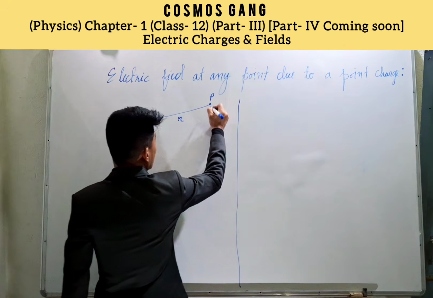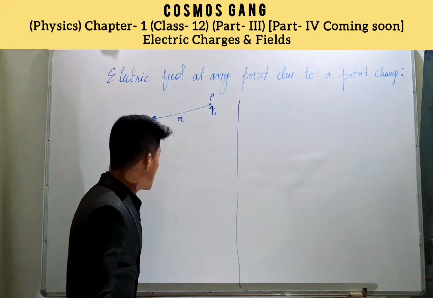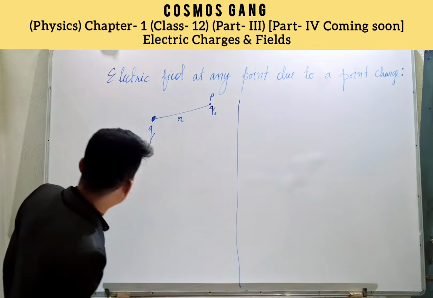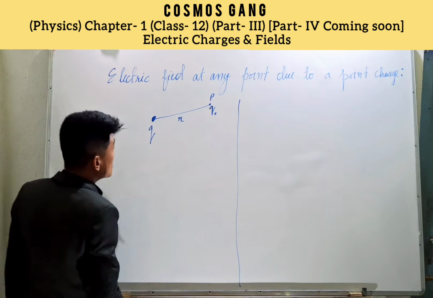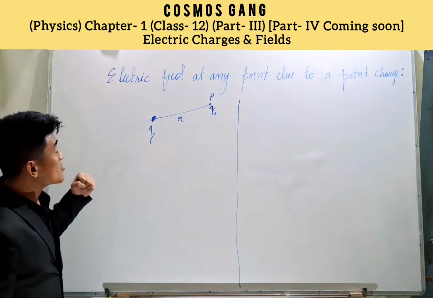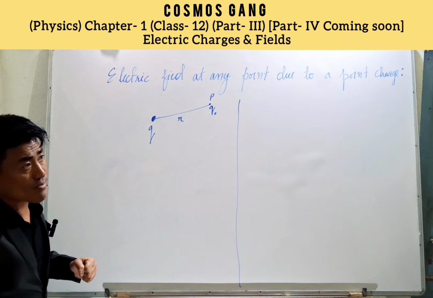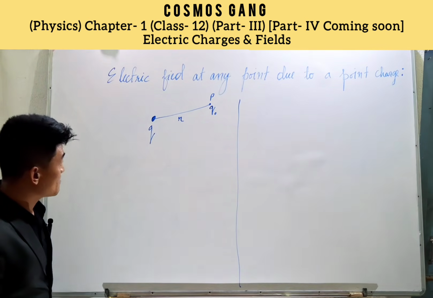So let's bring the test charge Q naught here. Then we can find our electric field using Coulomb's law and the electric field formula, which is given by F divided by test charge, or Q naught.